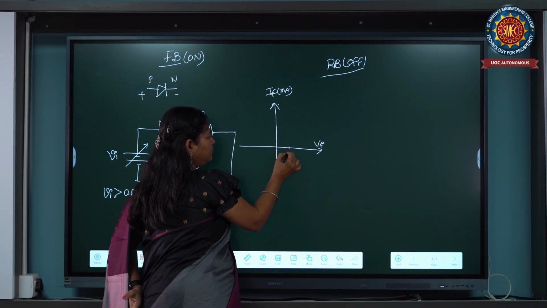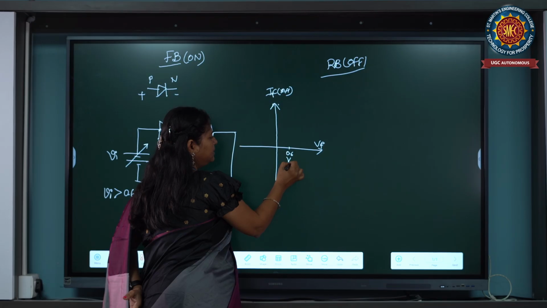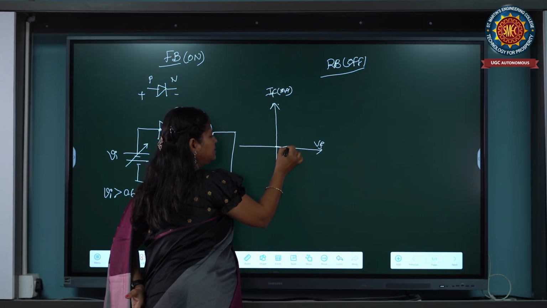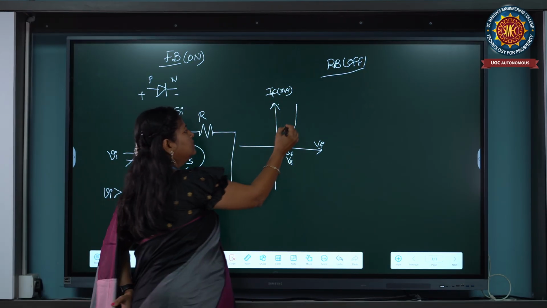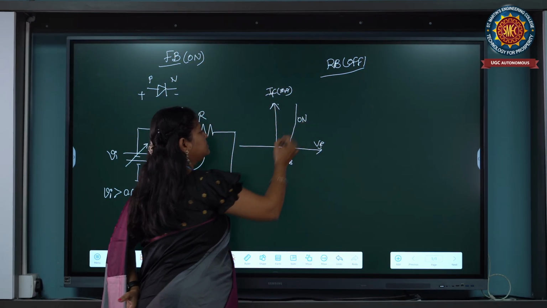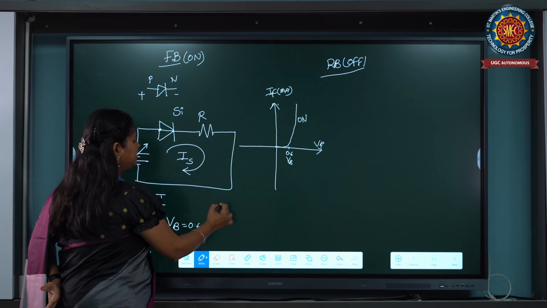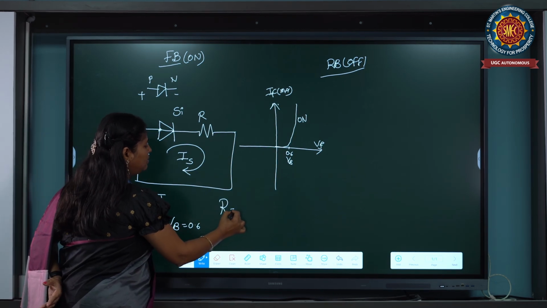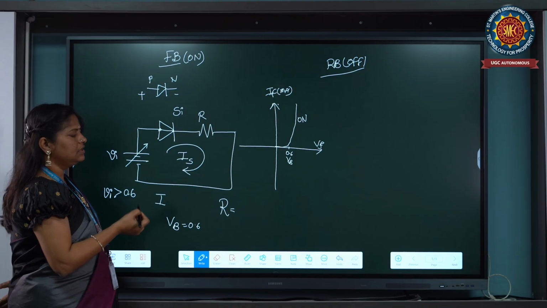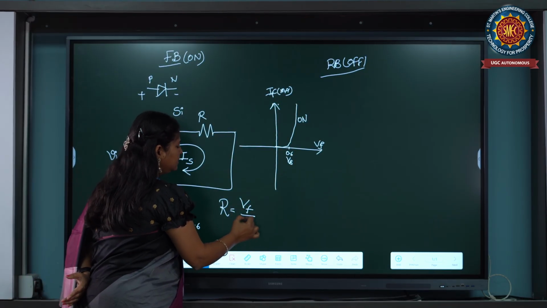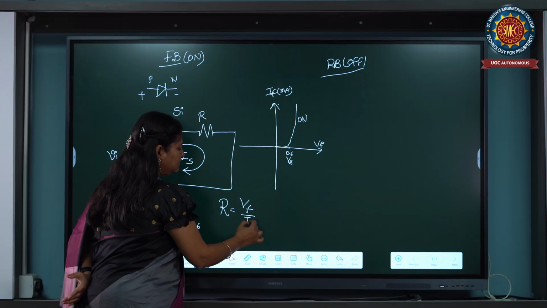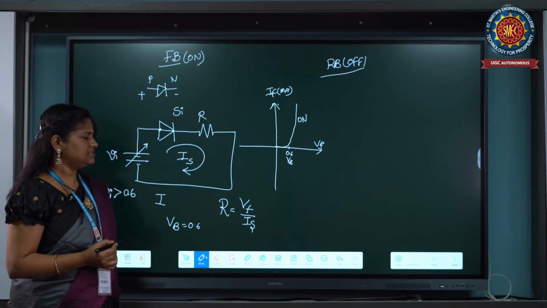At 0.6 volts, that is the barrier voltage VB, the current is very small. After that the current increases. Now this acts like an on switch. And what is the resistance? The diode offers a very small resistance, which is the diode voltage divided by the current that flows in the forward bias direction.